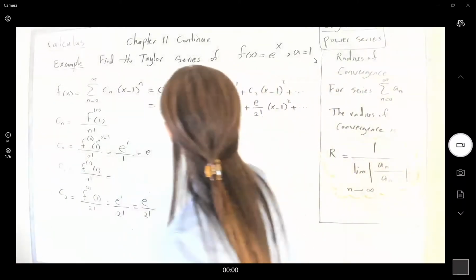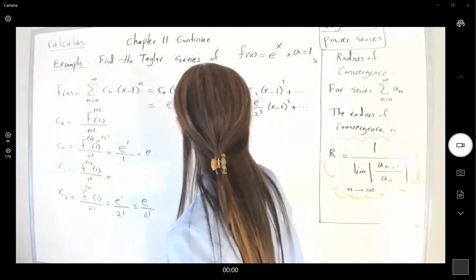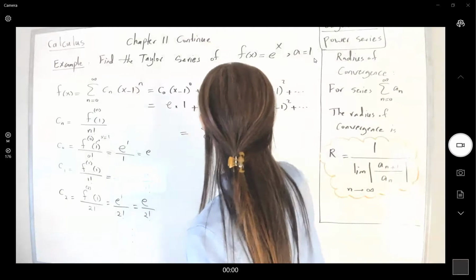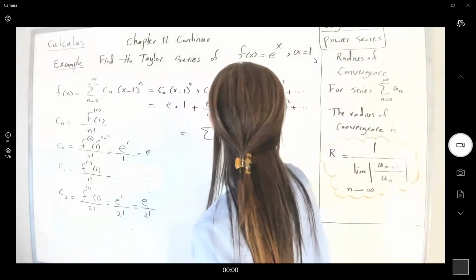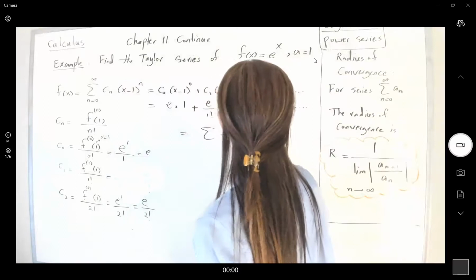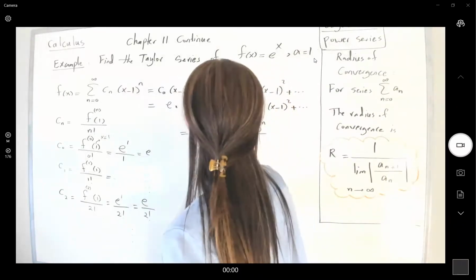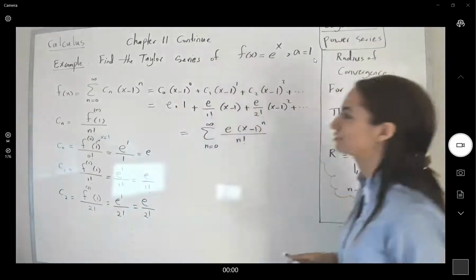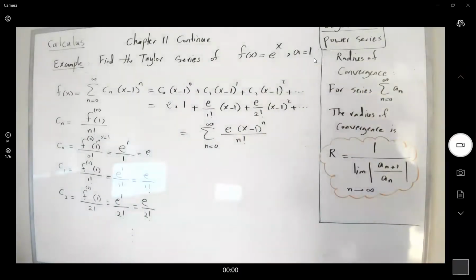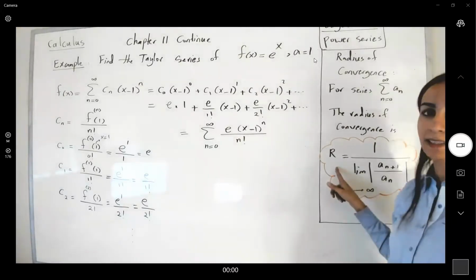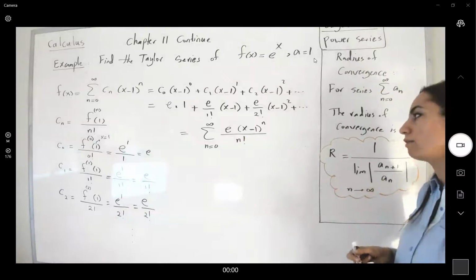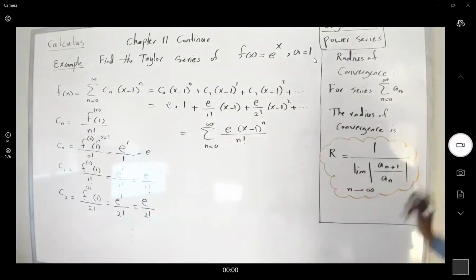You can write this in compact form as the sum of e times (x minus 1) to the power n divided by n factorial, n starts from 0 and goes to infinity. Okay, now I expect you to ask, what is the radius of convergence?